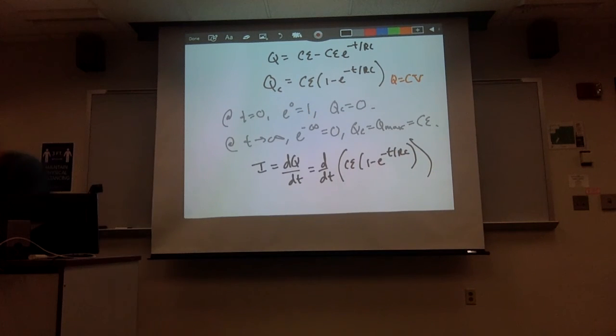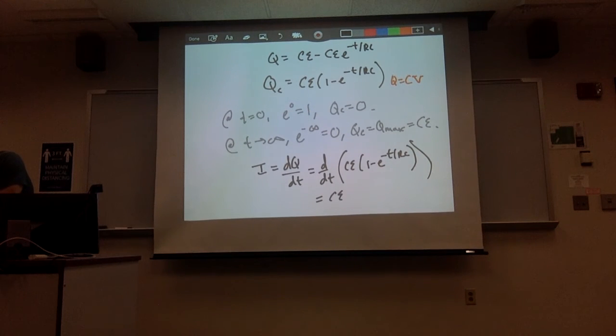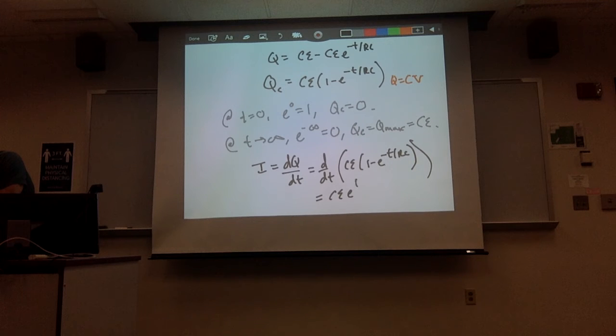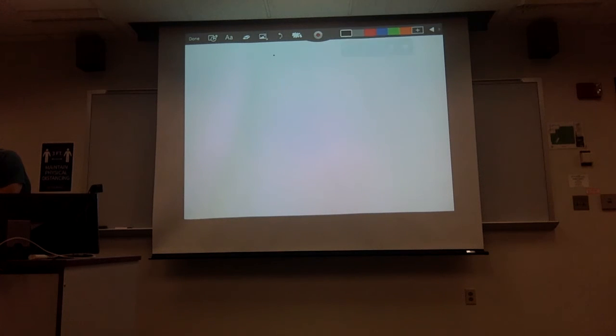So that negative is going to cancel this negative. So this guy is going to be equal to what? C times e to the negative t over RC, all times 1 over RC. But the C's are going to cancel, which means my current is going to be E over R times e to the negative t over RC. What does this thing say?